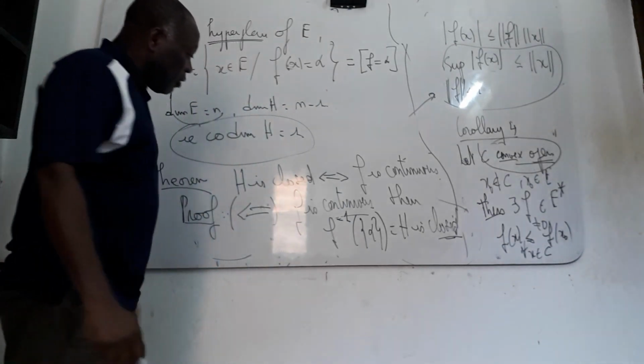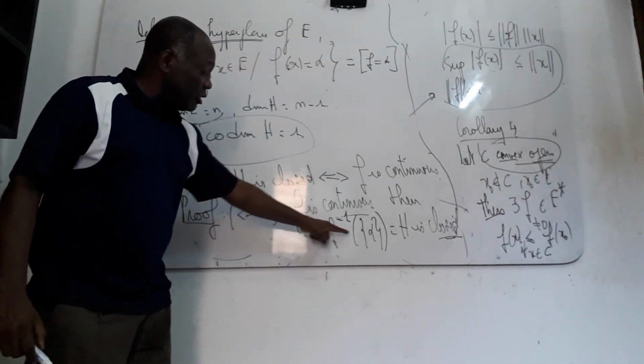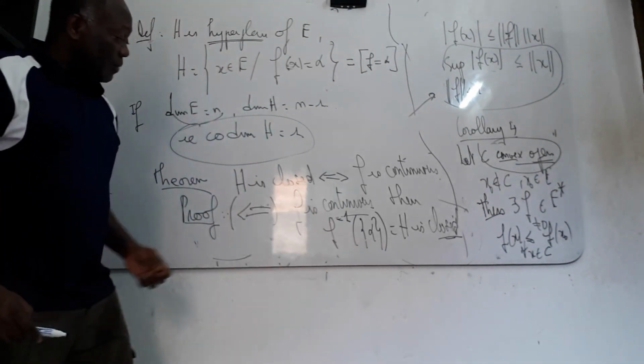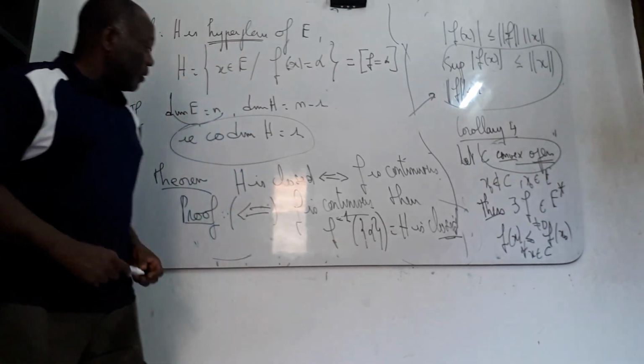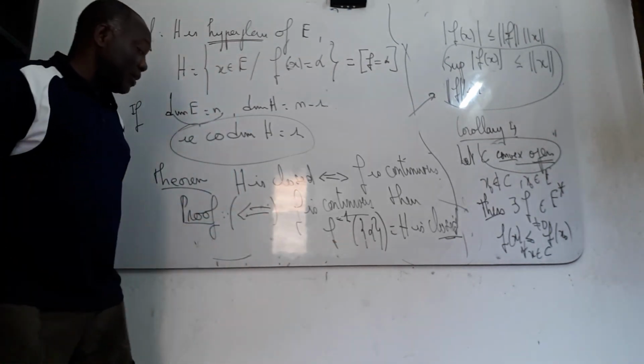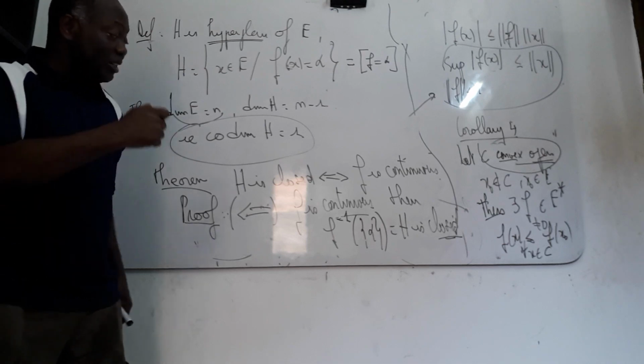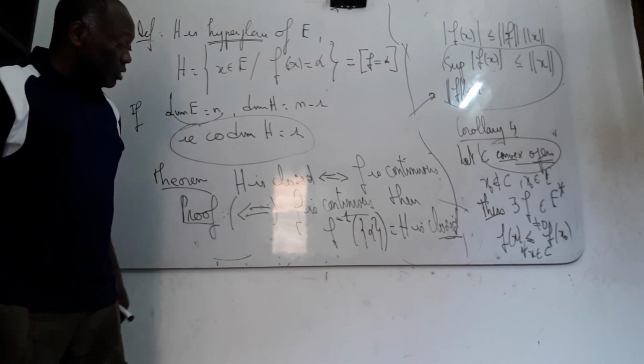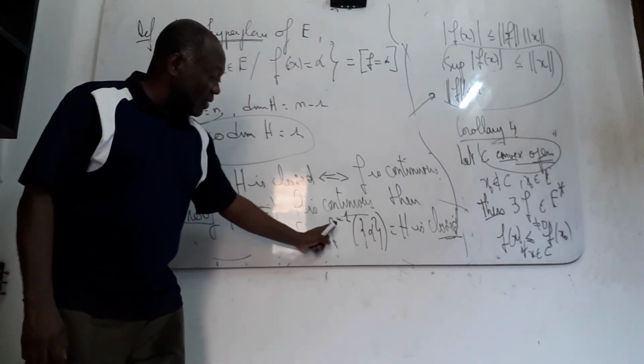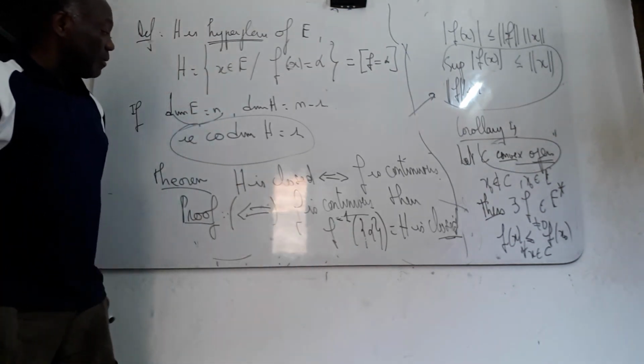This is because f is continuous, and the inverse image of a closed subset is closed. The singleton is closed because R is a Hausdorff topology, so any singleton is closed. Though this one is closed, the inverse image is also closed.